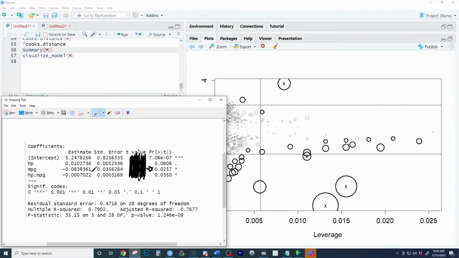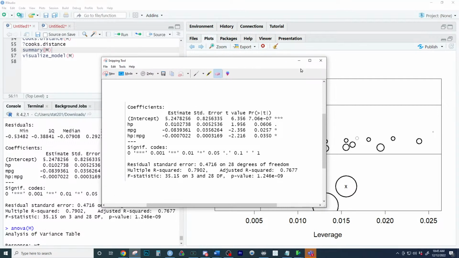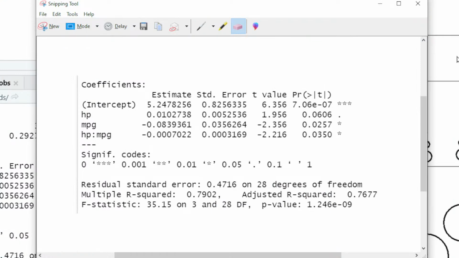Think about this. If I said, is the intercept large right here? Let's talk about this briefly. The intercept is the largest value, but it also has with it the most what? Like, what is standard error?